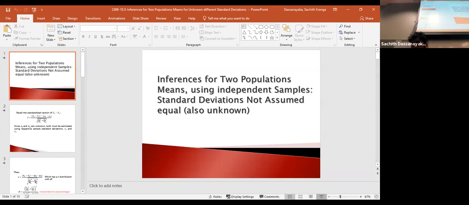Okay, let me move to the last section of this course, 10.3. What we were talking about in section 10.2 is this: we don't know the population standard deviations, but we know one thing, which is that they are equal.